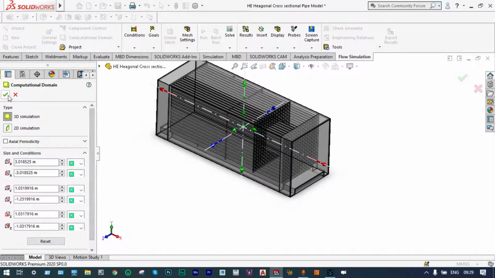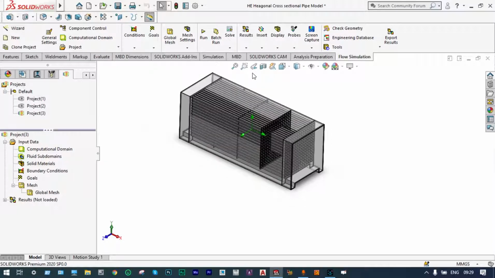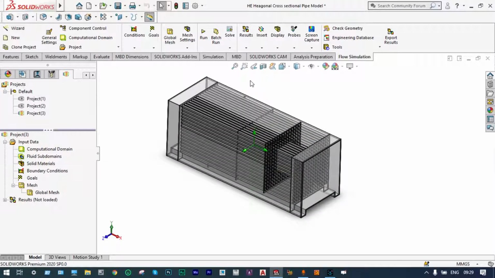Now we can hide this part and go for applying fluid subdomains, because in this case we are having two different fluids. We have to define those fluid subdomains, and for defining these things it is suggested to have a segmented view of this model. So we're planning to cut this one from top plane.